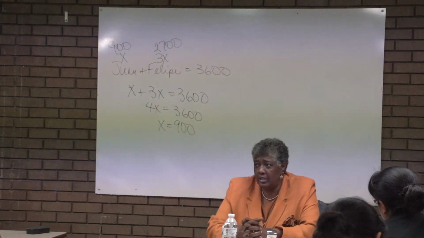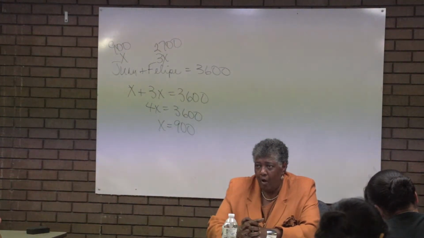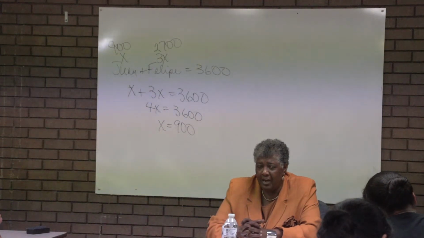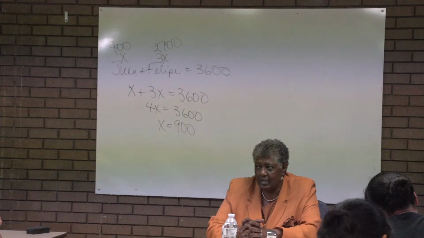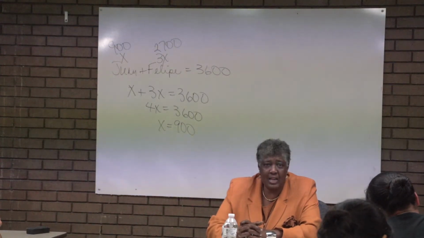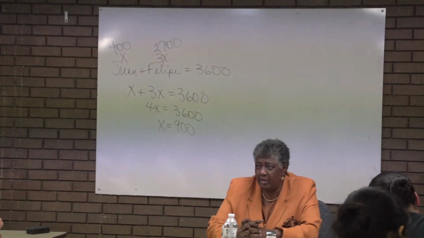You want the oldest kid to make twice as much as the middle kid. You want the youngest kid to make $1 less than the middle kid.